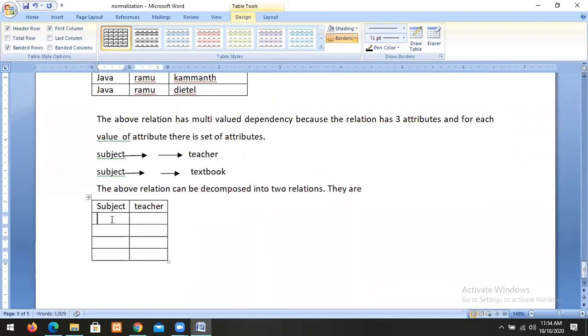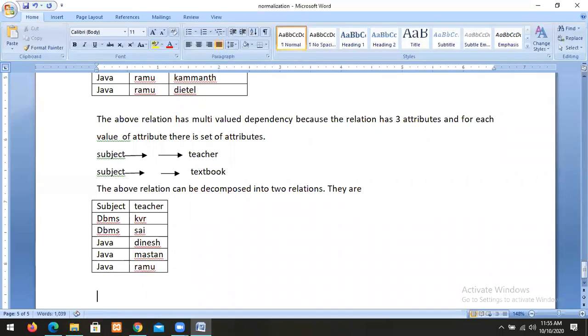So we have the subject DBMS. We have the teacher. For DBMS, we have the teacher. For Java, we have the teacher. So this is one thing. We have one more table, subject-textbook.